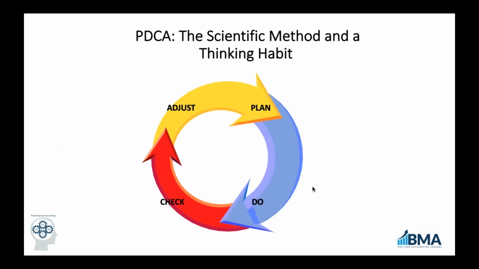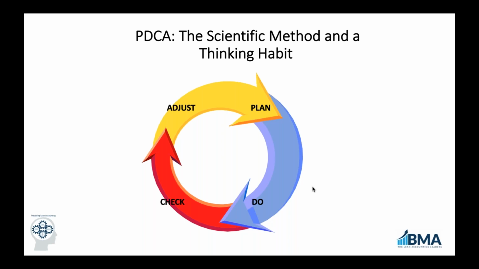PDCA is simply the scientific method as it applies in business. It also is a thinking habit. It's many, many things. You may be familiar with this. Sometimes it's called A3 thinking, lean problem solving, but it's really a fabric of lean thinking.